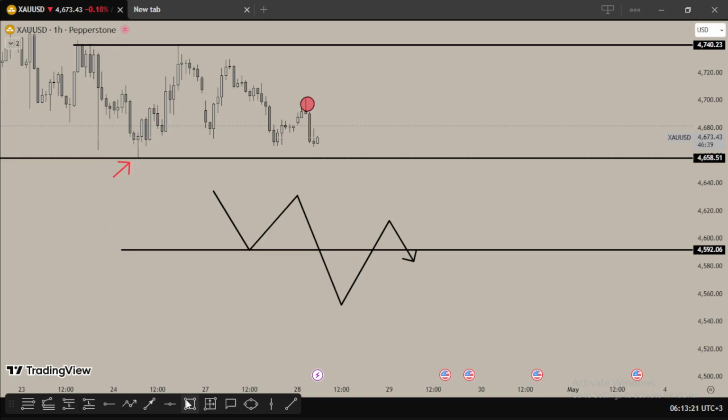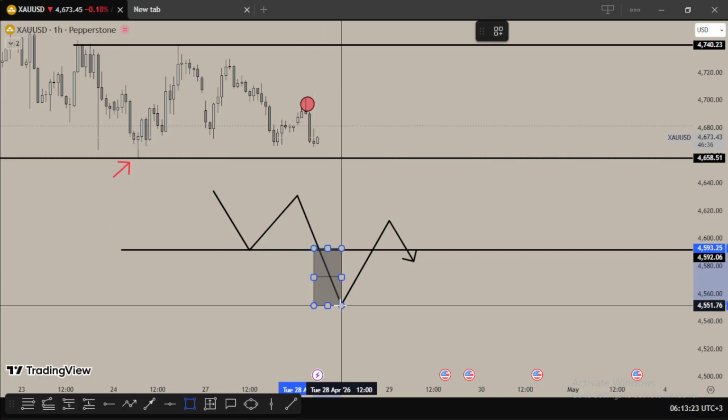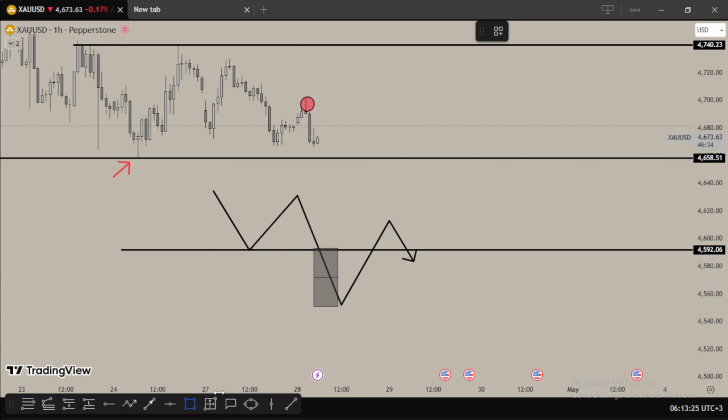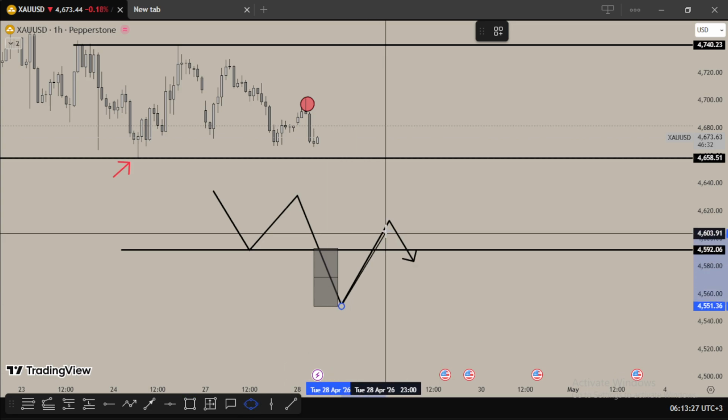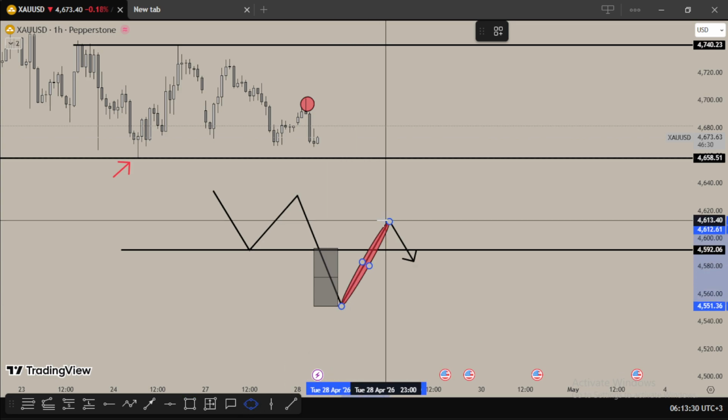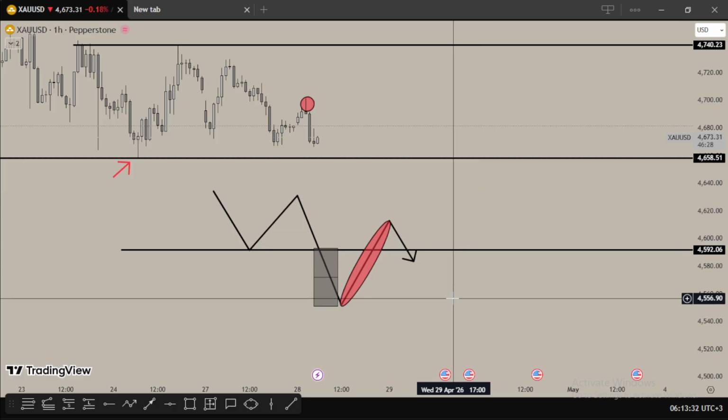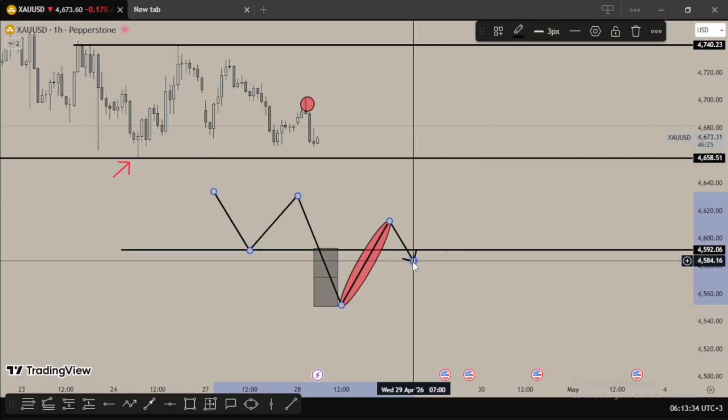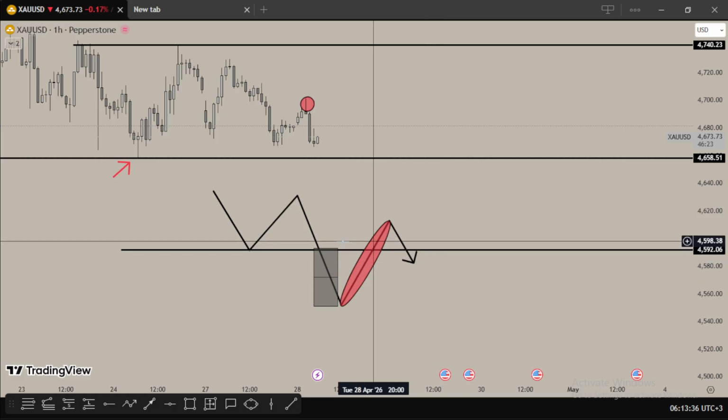That is the concept behind ICC. So the I is the indication, which is this part. The C is the correction, which is this part. And the next C is the continuation, which is price movement beneath the level.